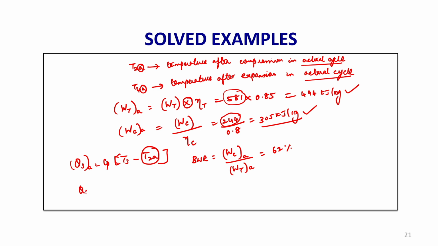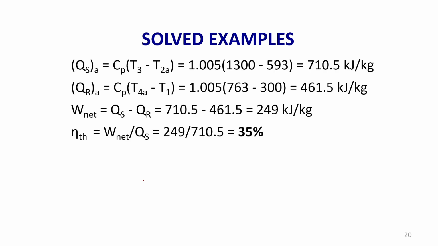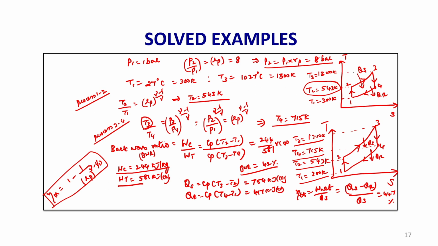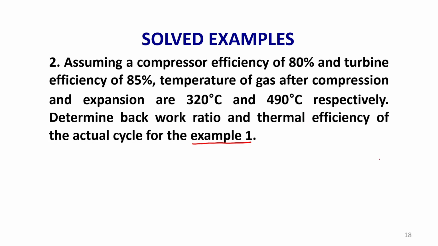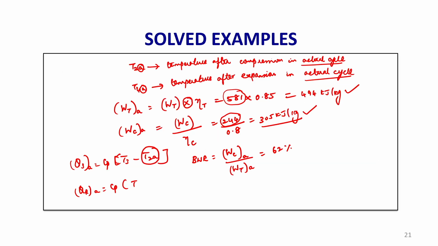And similarly heat rejected actual is Cp into, okay, T4. 2 to 3 is heat addition and 4 to 1 is heat rejection. So similarly here, instead of T4 you have to take T4A minus T1.